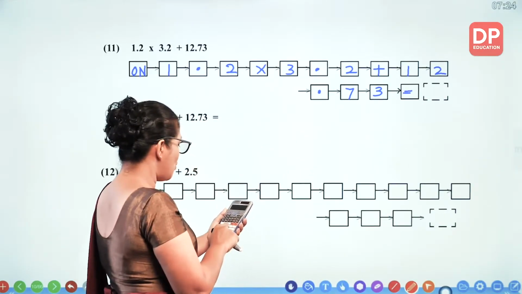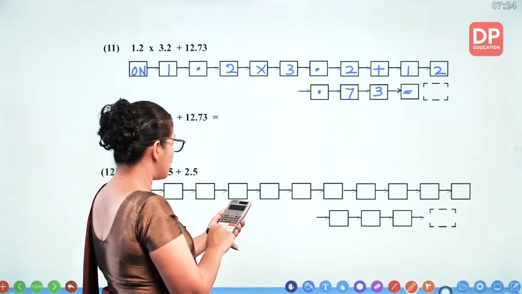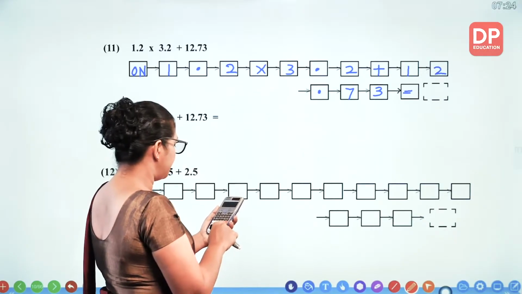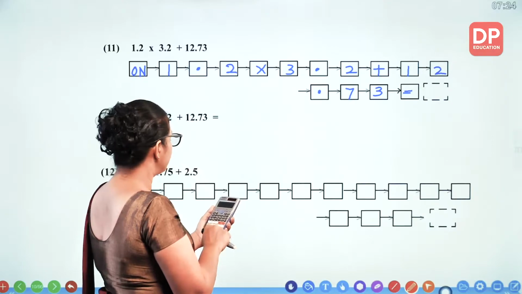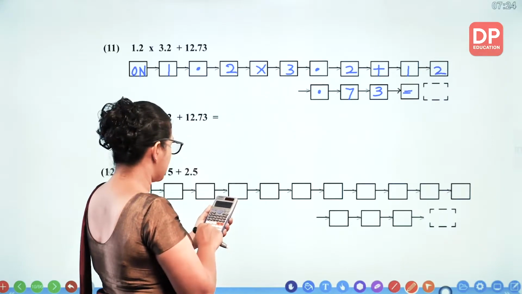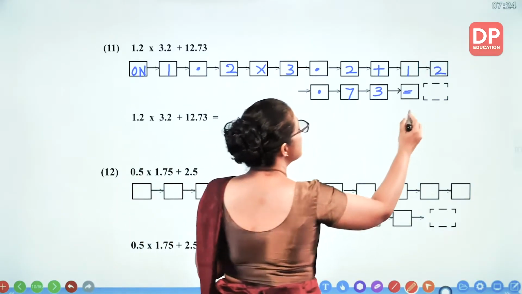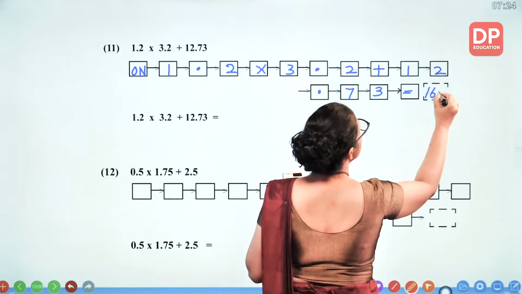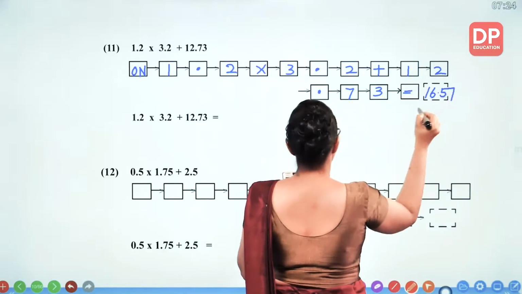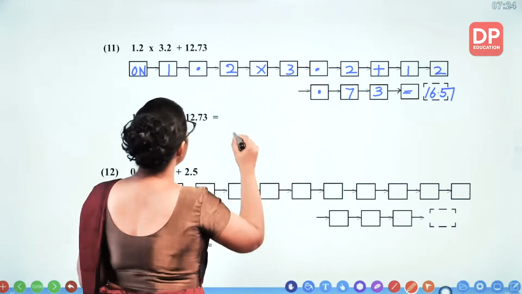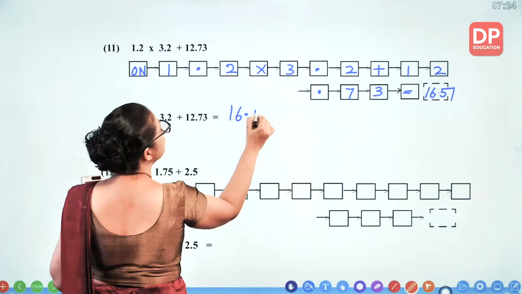So 1.2 multiplied by 3.2 plus 12.73 is 16.57. 16.57 is the answer.